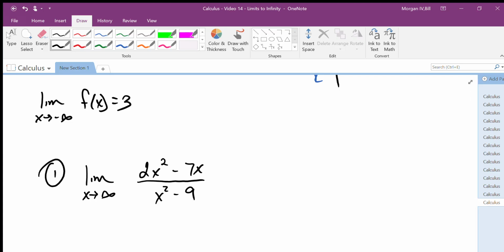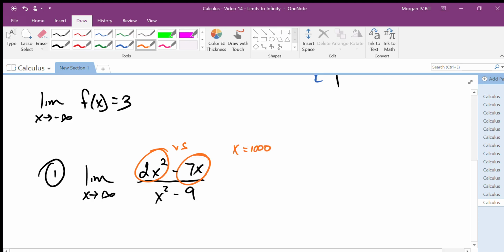If x is going to infinity, that means x is getting really, really big. Pick your favorite big number: 100, 1,000, 10,000. I kind of like 1,000. And do a quick comparison here of the value of 2x squared versus the value of 7x when x is 1,000.